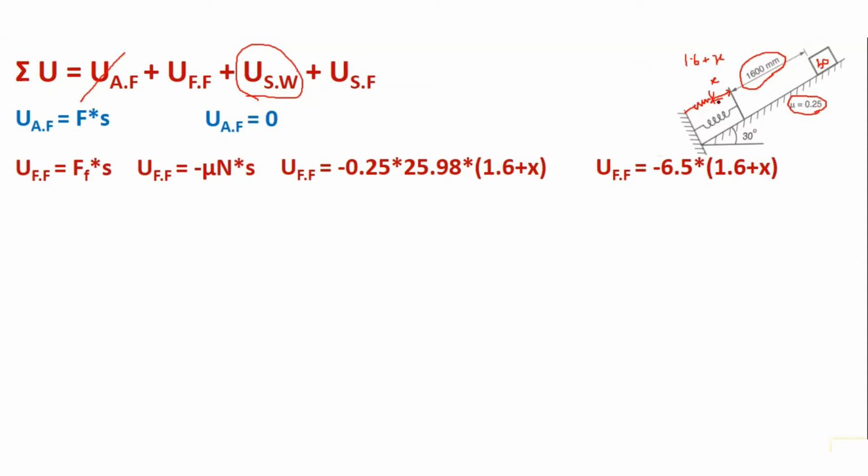We need the vertical displacement of this block from that particular point. So for that, let me draw a triangle here. I want this vertical displacement. In this triangle, this angle is given to us as 30.